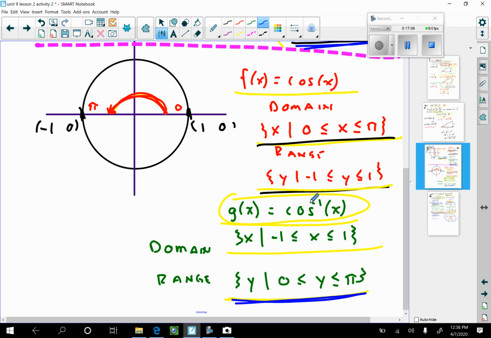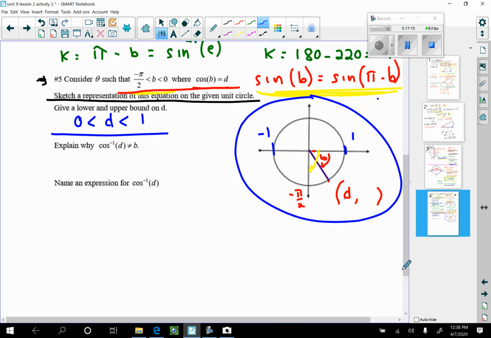So all of the outputs of inverse cosine have to be between 0 and pi. So simple reason why this is not true: b is not in this interval. It's not in the range of inverse cosine.